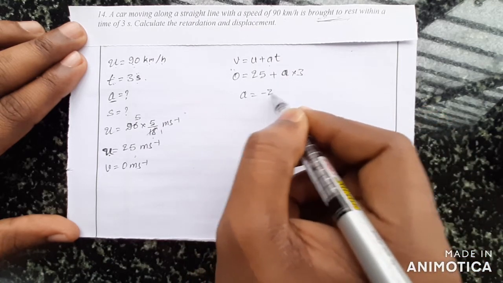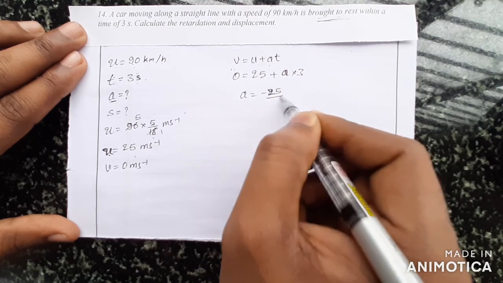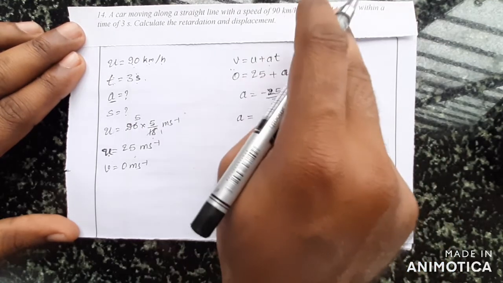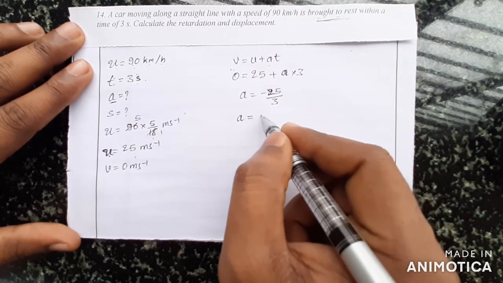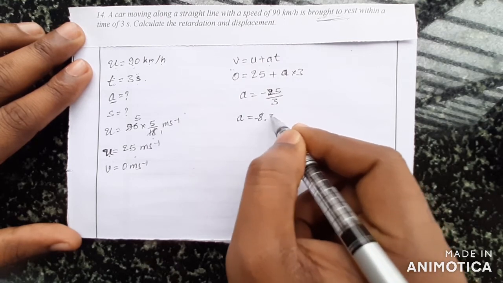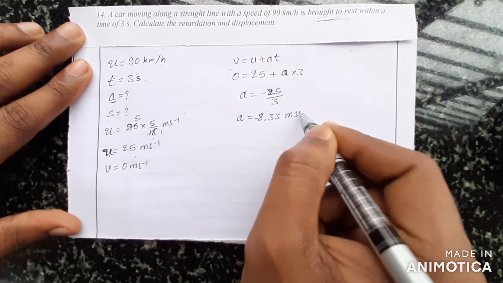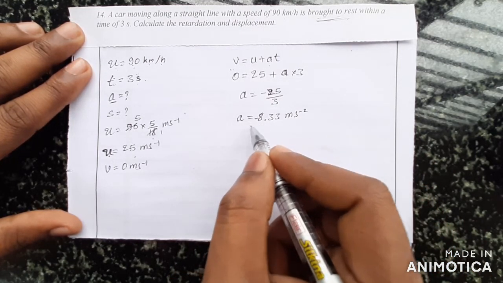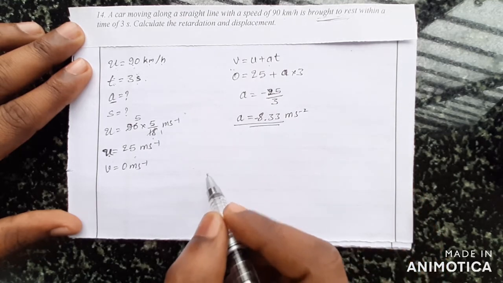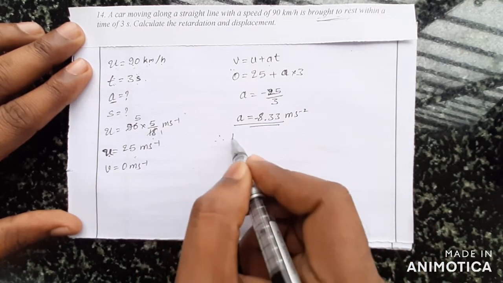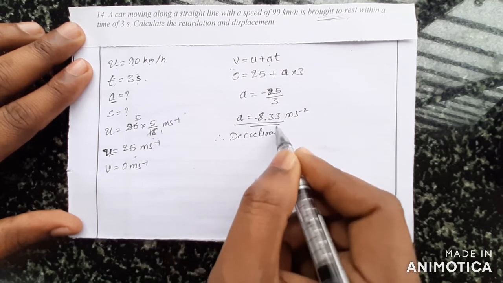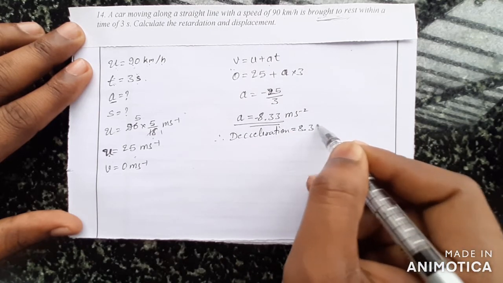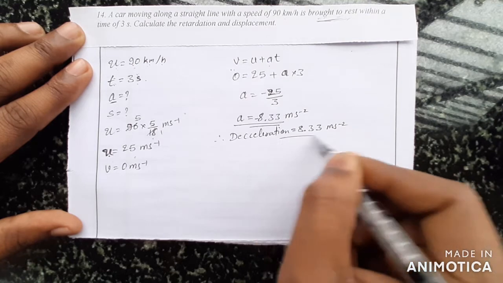So a will be minus 25 by 3, which will be minus 8.33 meter per second square. What is this? This is acceleration of the car. So deceleration of the car, you remove the negative and write the rest, simply 8.33 meter per second square.